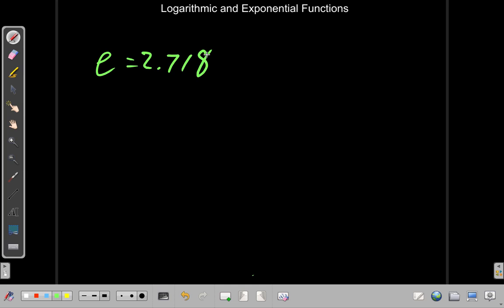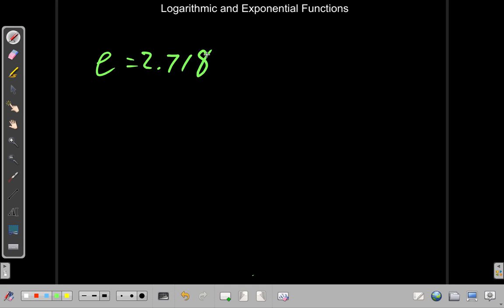We derived it from a situation where you're calculating the compound interest being earned on an investment, where the compound interest is calculated monthly, then weekly, then daily, then hourly, then every minute, then every second, and so on and so forth.